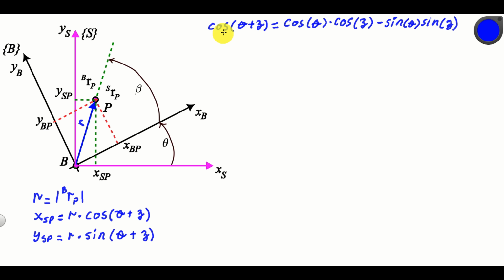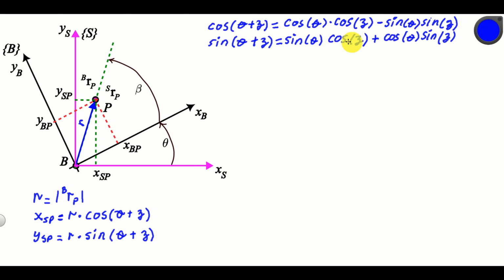Similarly, we have that sine of theta plus beta is equal to sine theta cosine beta plus cosine theta multiplying sine beta.